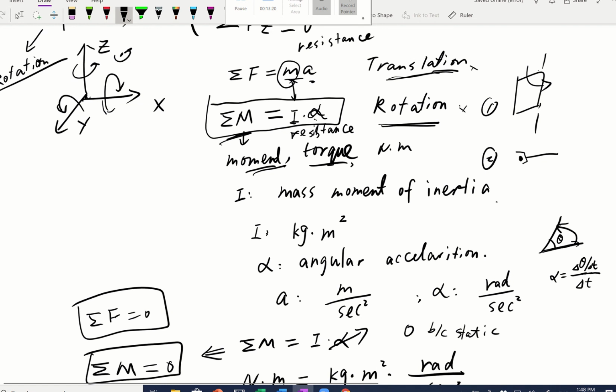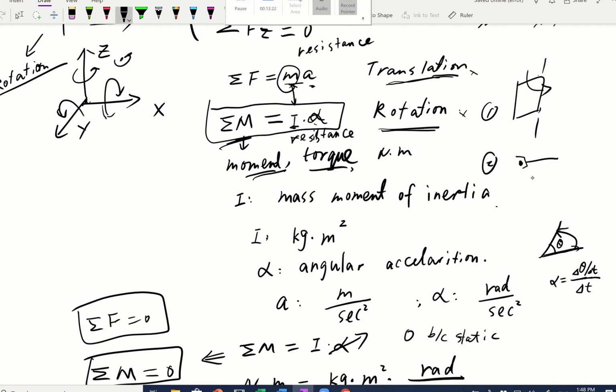Now go back to our coordinates here. We're talking about rotation in these coordinates: we're going to have rotation around the x, or around the z, or around y, all of those, and or any arbitrary rotation around any axis in space. But if you have arbitrary rotation, you can decompose this into x and y and z also.